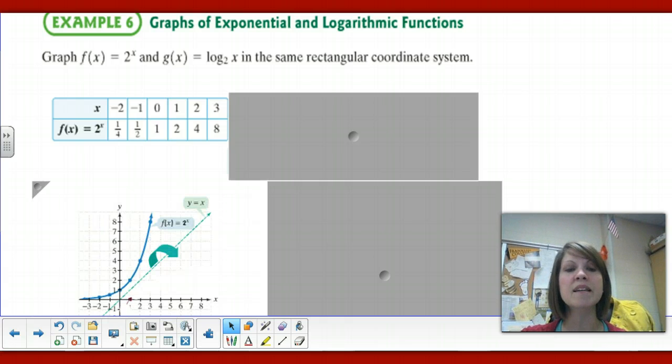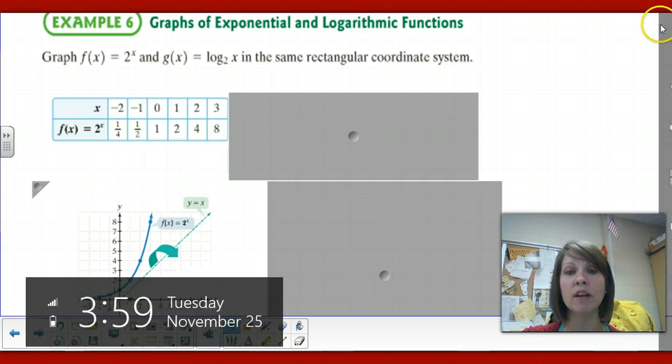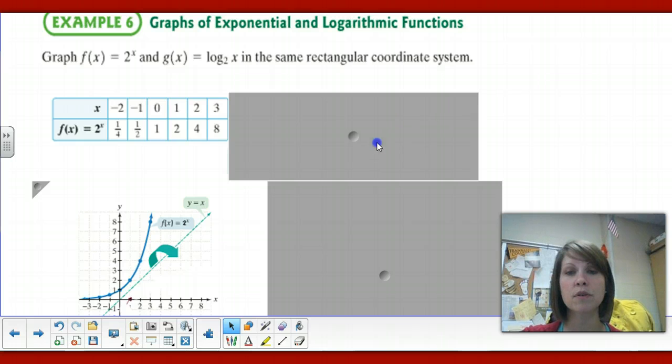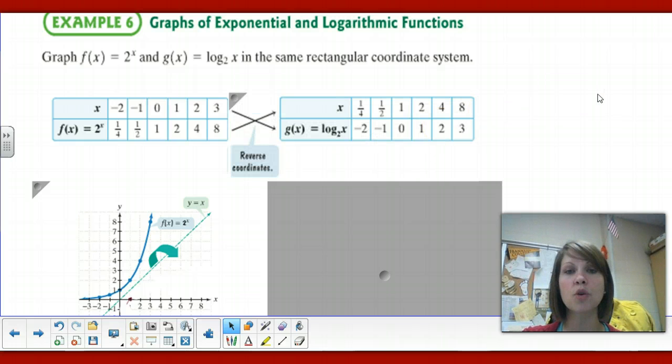Okay, now, a logarithmic function, remember, is an inverse. And if it's an inverse, that means that we have to switch x and y and solve for y. As far as the table of an inverse goes, we just reverse the coordinates or switch the x's and the y's.